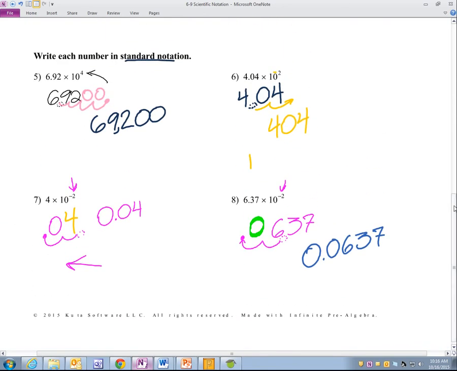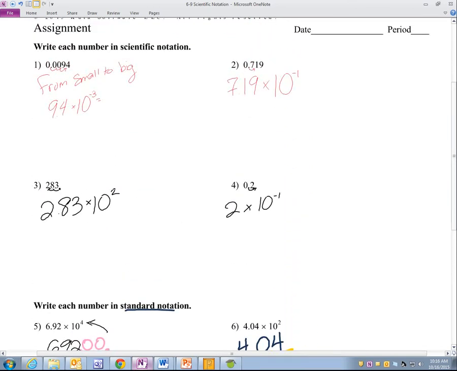So once again, this is how we did it. Whenever we're going from scientific to standard, we look at the exponent and see whether we're going left or right, how many decimal places it goes. When we're going the other way around, which is a little bit more challenging, we are going to make sure that we have a digit in the ones place.